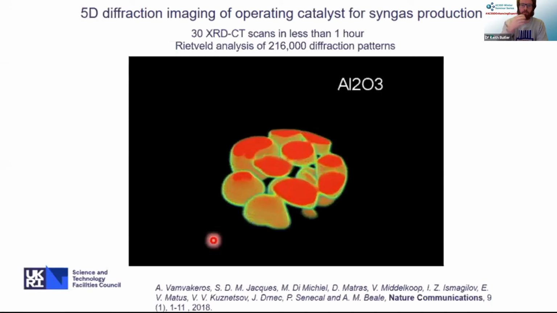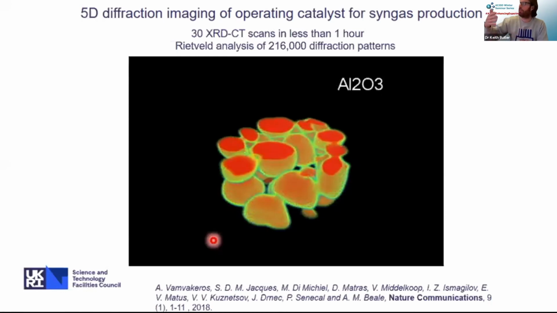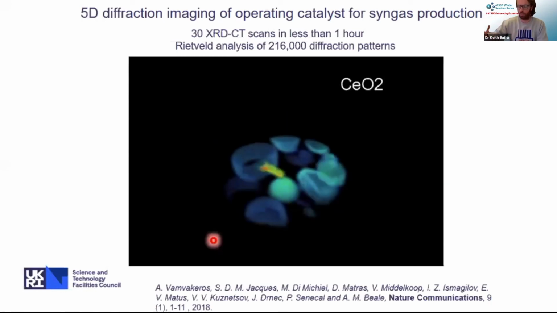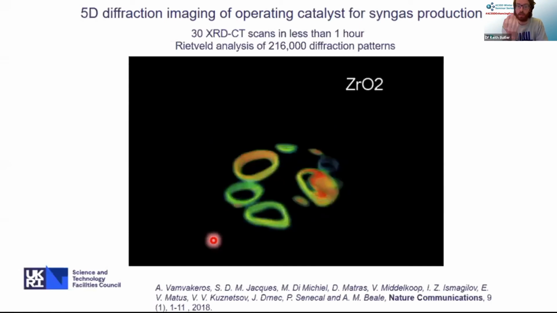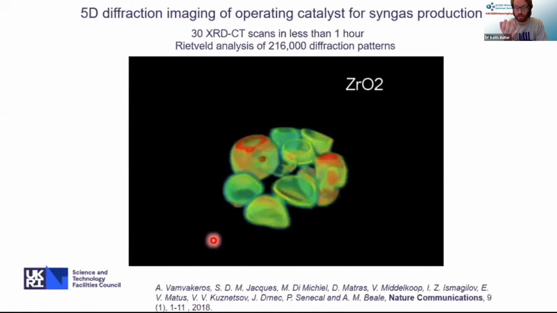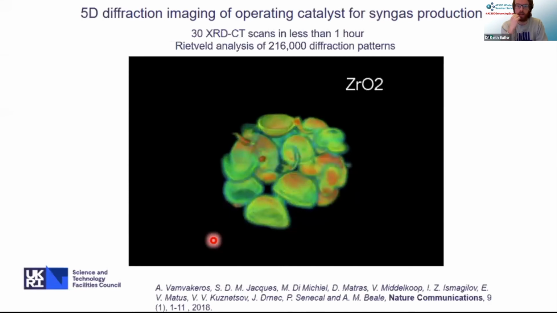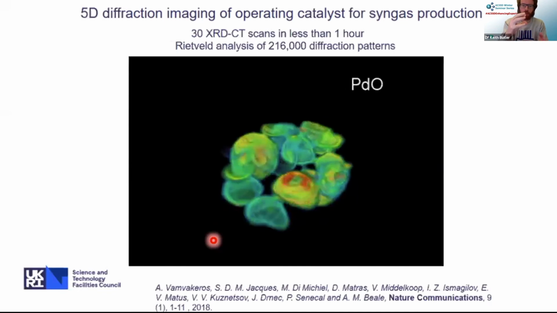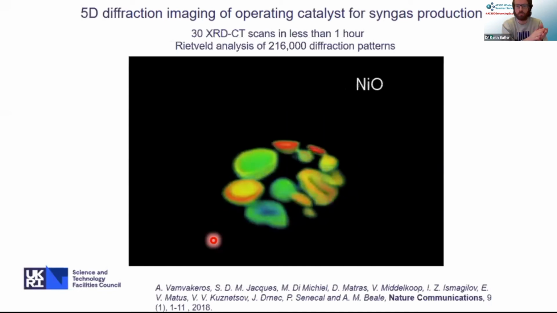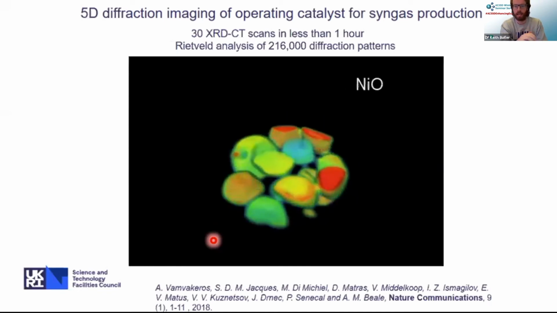You get chemical information. So usually when you see tomography scans, it's usually absorption, which doesn't give you much information about the chemistry, but diffraction gives you actual information about the chemistry. And this example here is a catalyst bed where they're able to work out where the different components are in this three-dimensional map of the catalyst.